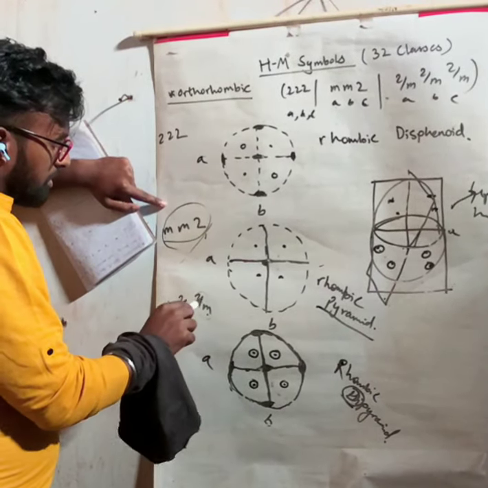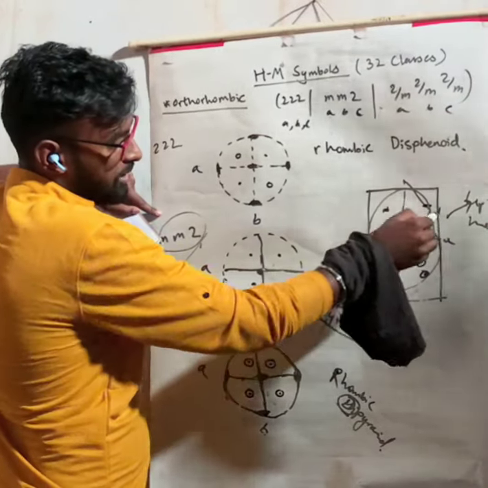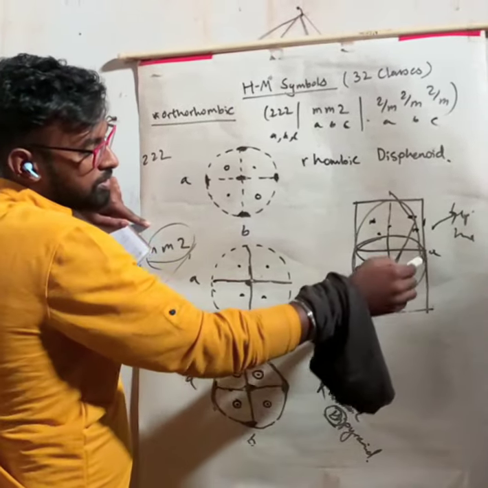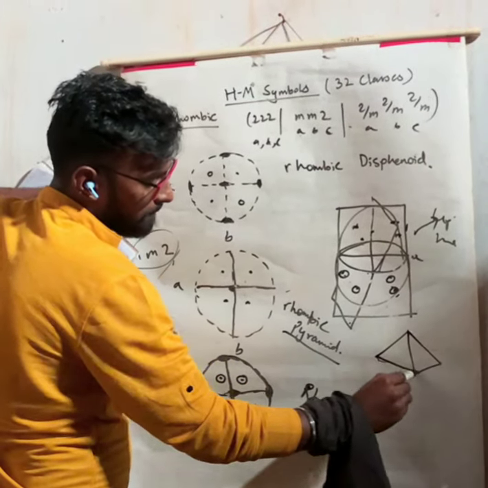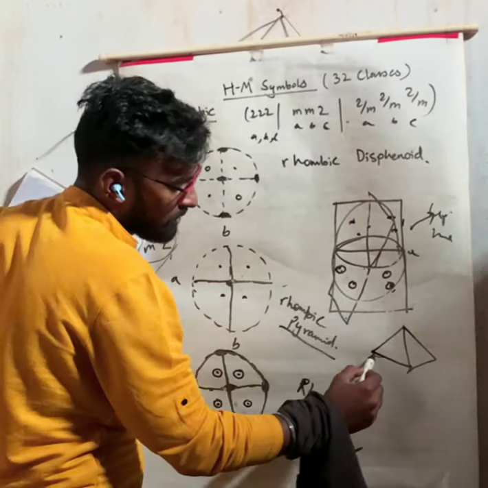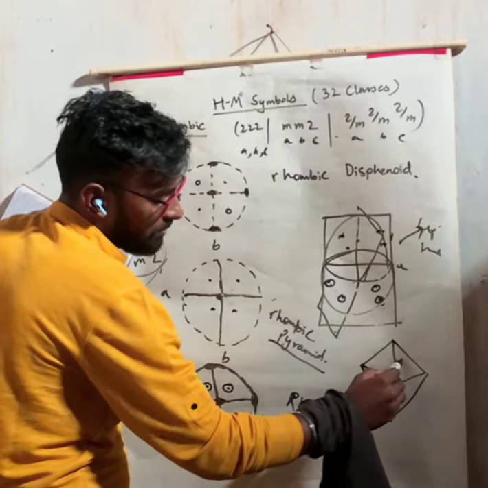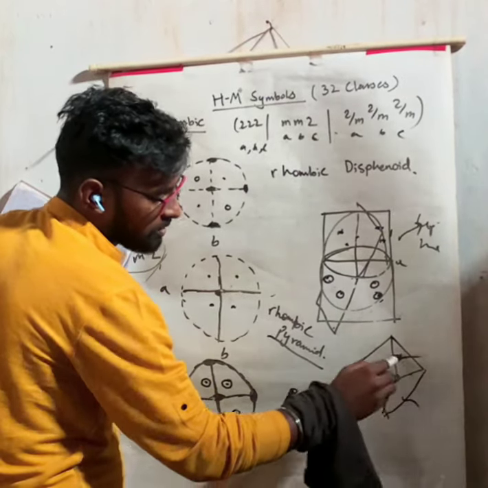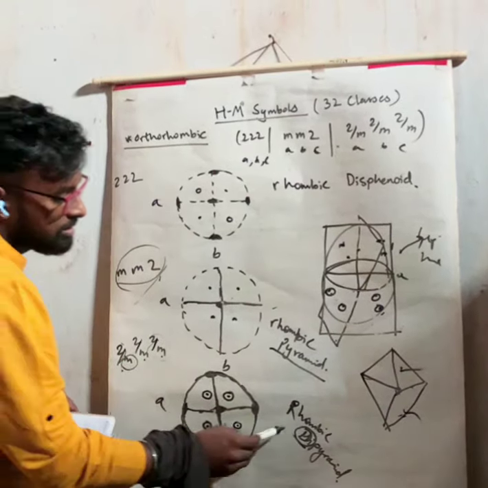Anything having bi here means it has projections in the upper and lower hemisphere both. Suppose this is a pyramid; dipyramid means there will be two pyramids. So in the lower hemisphere also a similar pyramid will be there. This is one pyramid and this is another pyramid. So these will be bipyramids. That is why the bi-m symbol represents dipyramid.